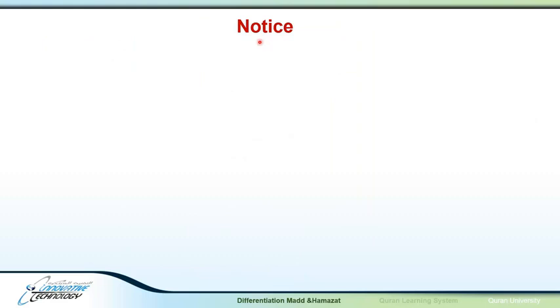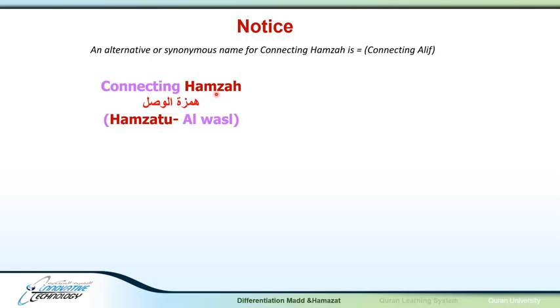A very important note to keep in mind is that there exists an alternative or a synonymous name for the connecting hamza that is used nowadays, which is connecting alif. So, connecting hamza or hamzatul wasl is equivalent to connecting alif or aliful wasl.